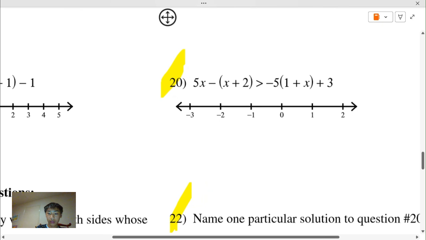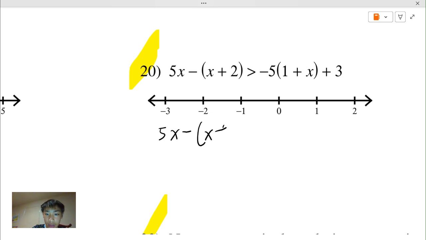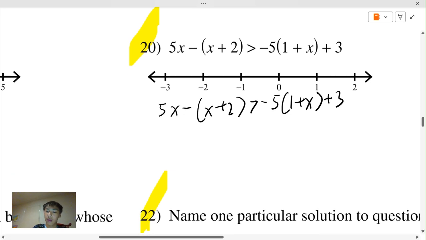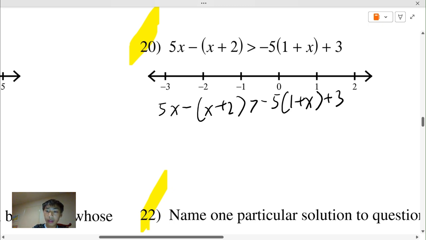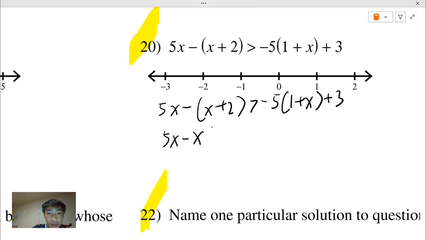Question 20. 5x minus x plus 2 is greater than minus 5 brackets 1 plus x plus 3. That's a very good question. I like the way it's formatted. So we're going to first distribute the minus symbol. So that is greater than minus 5.